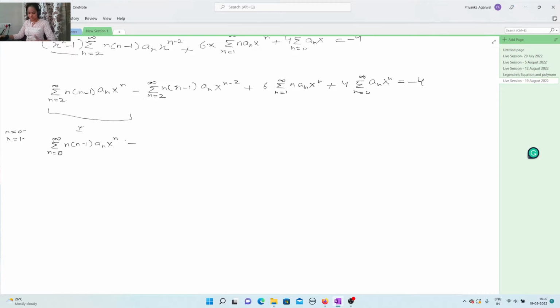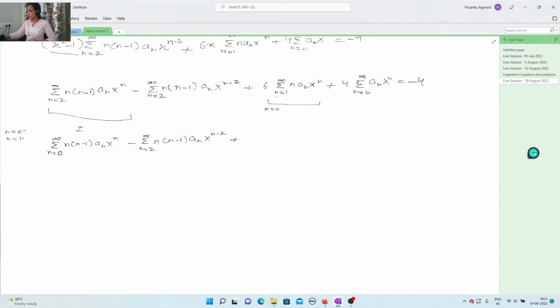Minus, and for this term, it's not x^n, it's x^(n-2). So the power of x has changed. So for now, let's keep it as it is. This will be n(n-1) a_n x^(n-2), plus, in a similar way, for n equals 0 this n will be 0, so this entire term will be 0.